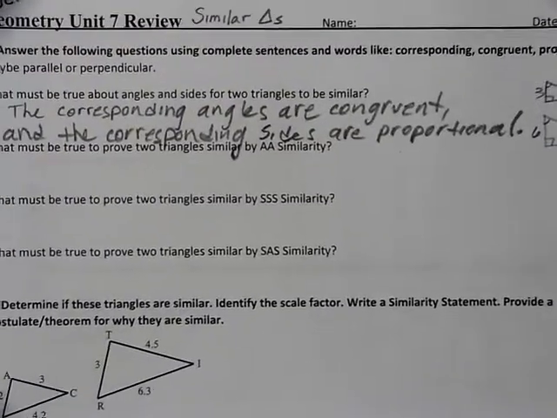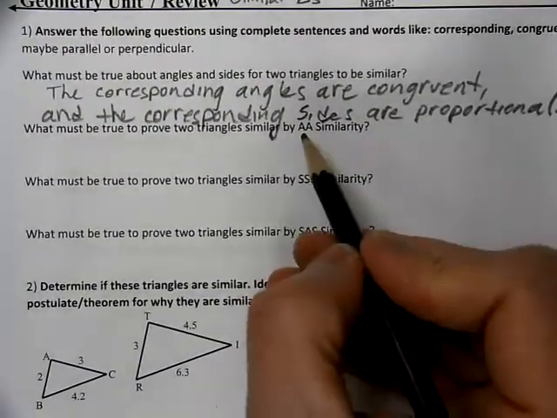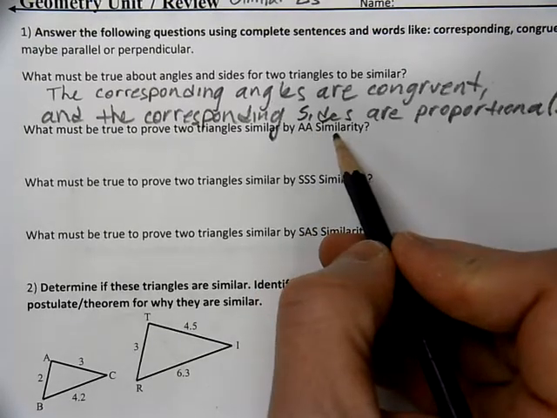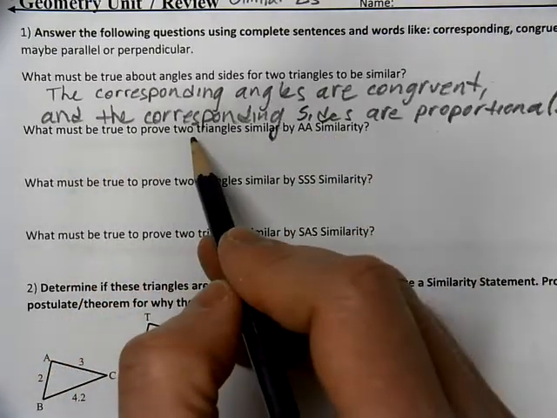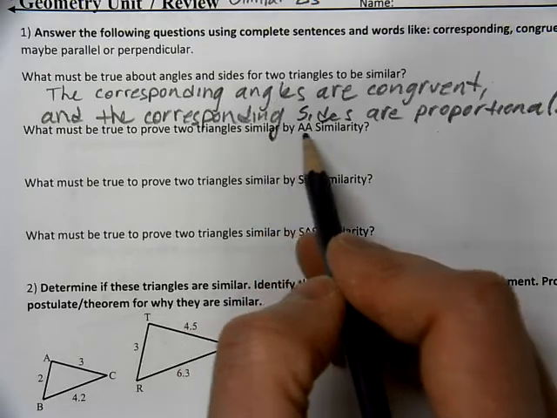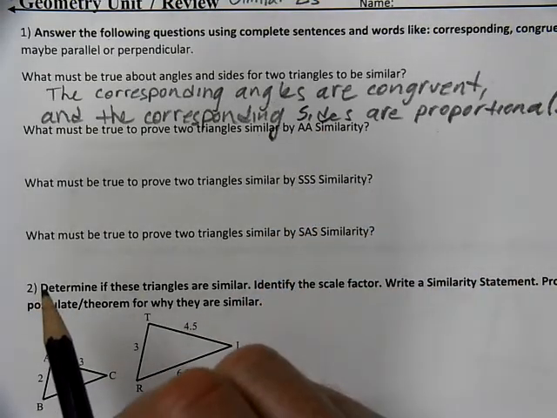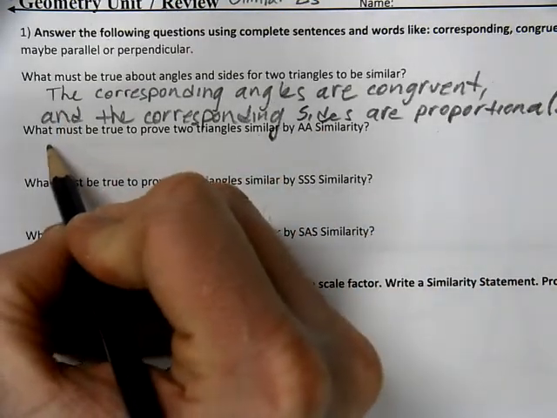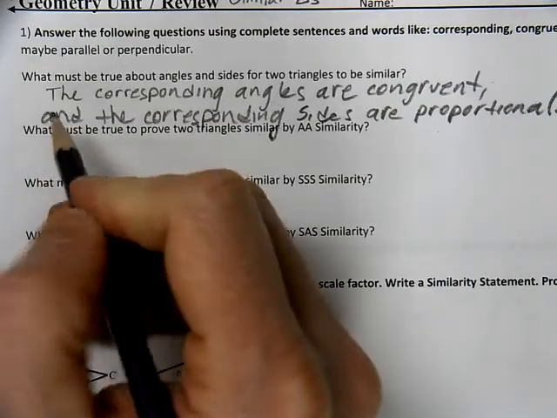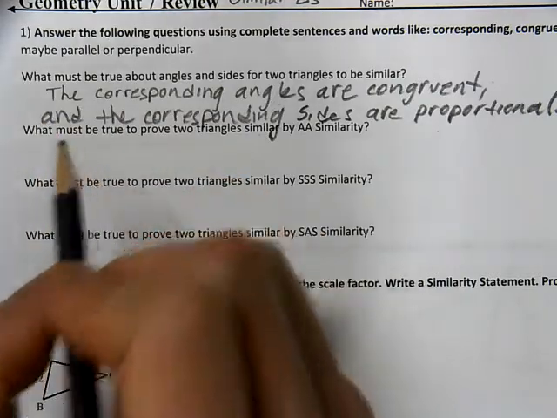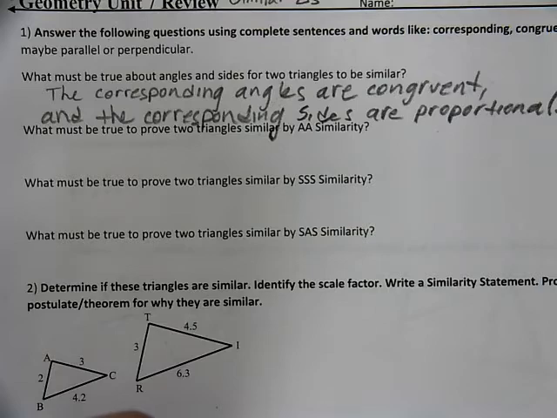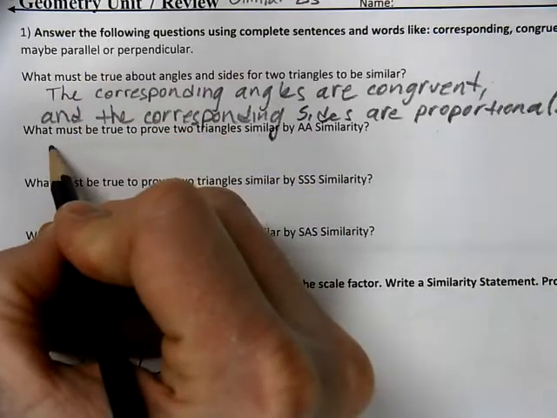There are some shortcuts. One of the shortcuts is called angle-angle similarity. So what must be true to prove triangles similar by angle-angle similarity? All we have to do is look at 2 sets of corresponding sides.